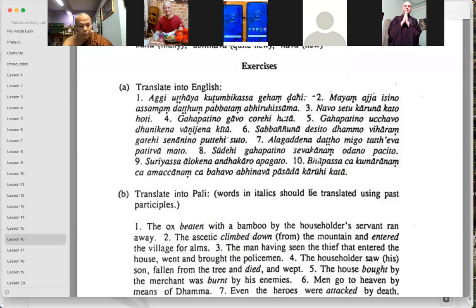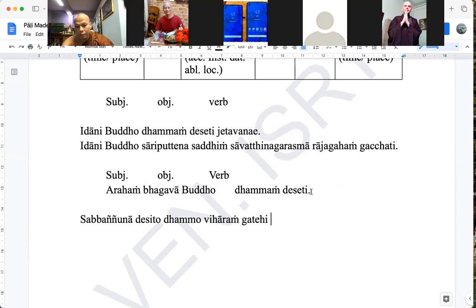Vihāraṃ, so gatehi, senānīnaṃ bodhehi, and then sutto.